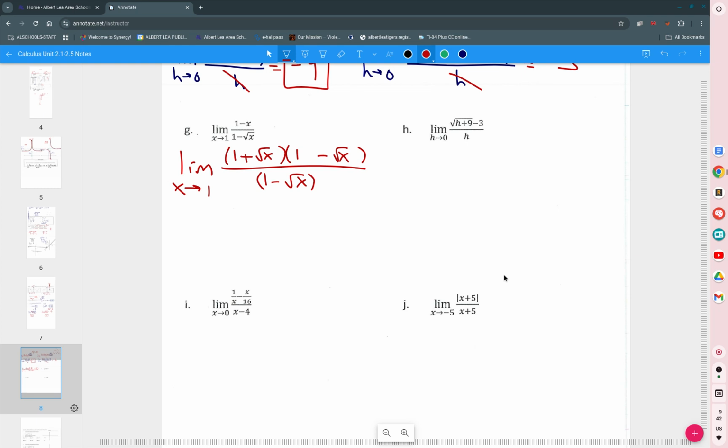I'm going to argue that the top is, in fact, the difference of squares as well. And that helps me out because I can see that it reduces with the denominator right away. And now I can plug in the 1, and I get dos, which is Spanish for 2.